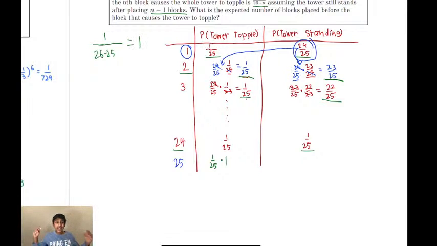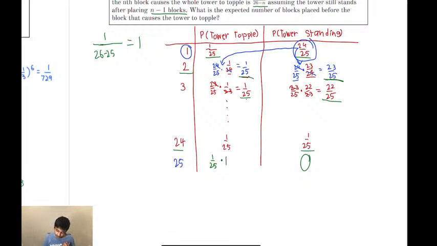So the 25th block is guaranteed to topple, and the probability here is 1 over 25 times 1, and there's no chance it will remain standing by this time.